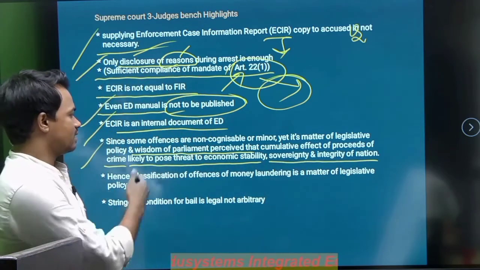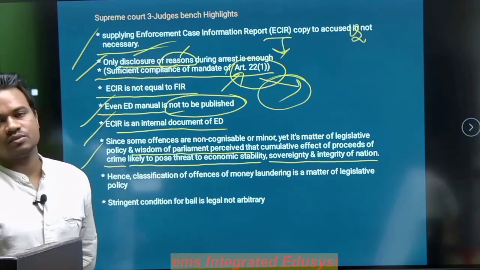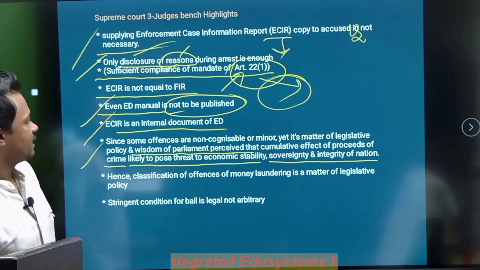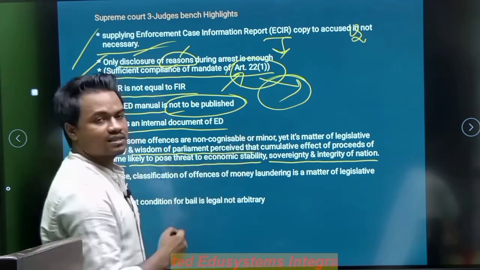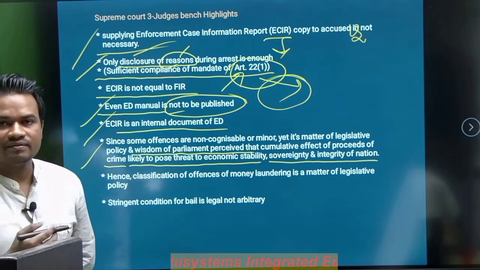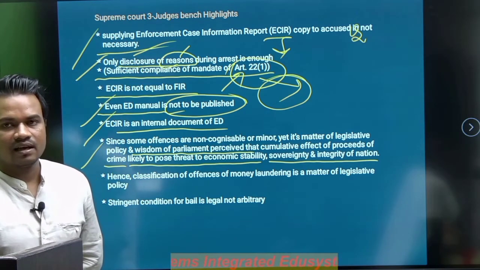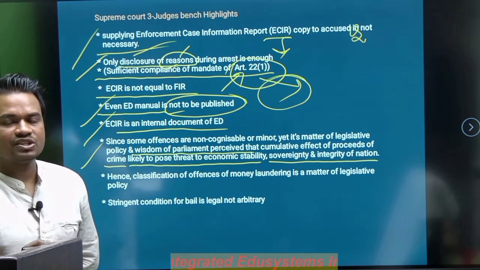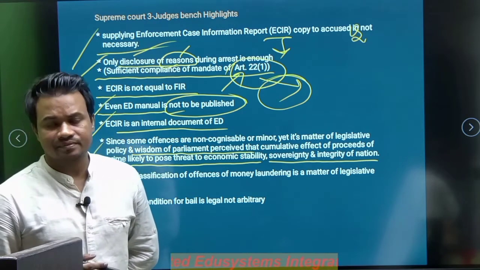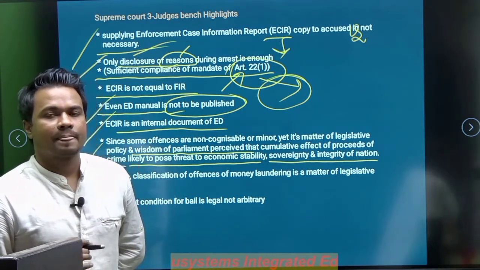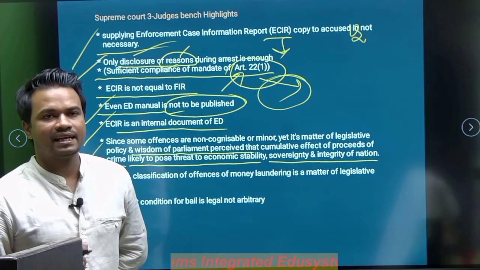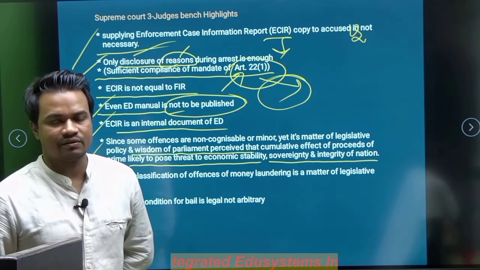So the crux of this point is that there may be money laundering offences of various degrees or intensity, and the cases may be handled by the ED in different ways.